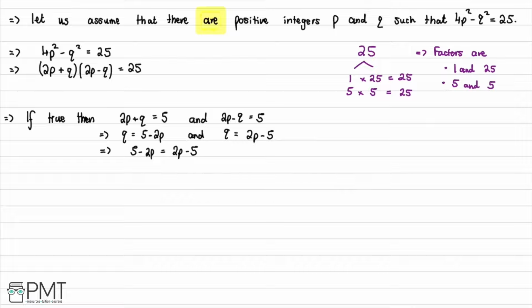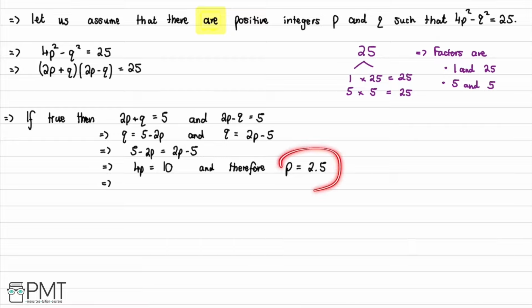Rearranging this, we add 2p to both sides, and we add 5 to both sides. This leaves us with 4p equal to 10, and therefore we divide both sides by 4. We can put this into our calculator to get the decimal form: p is going to be equal to 2.5.